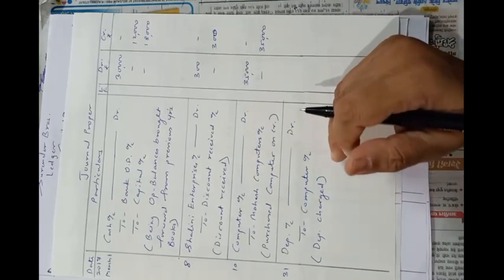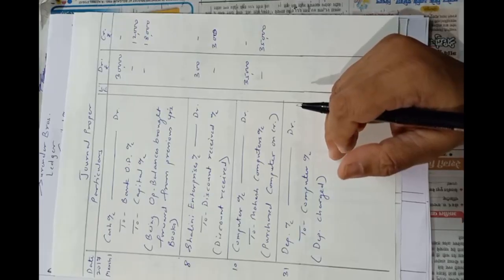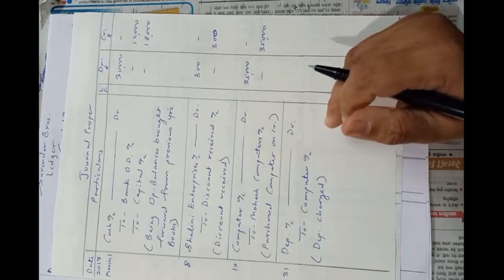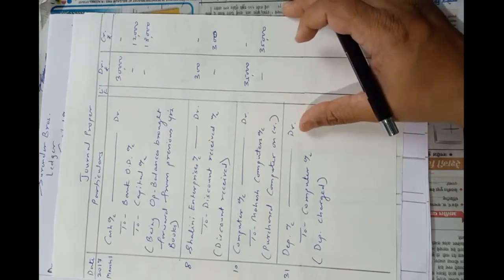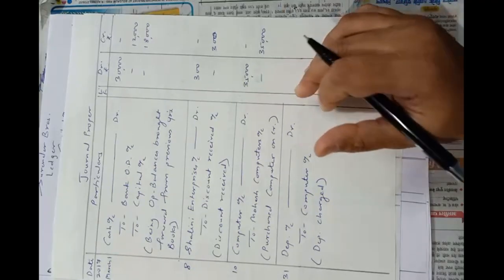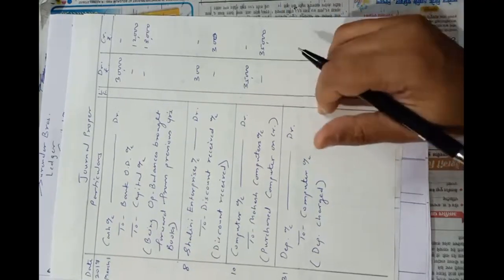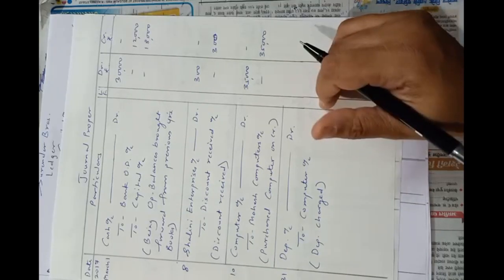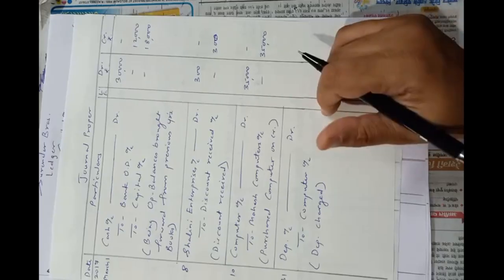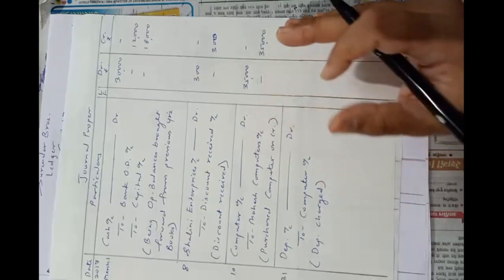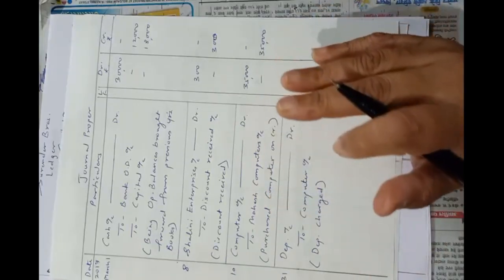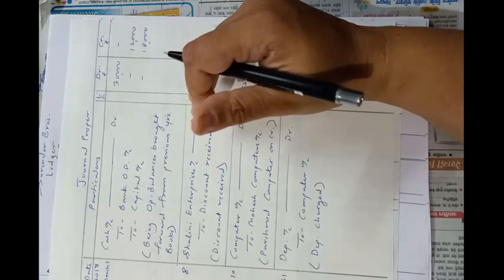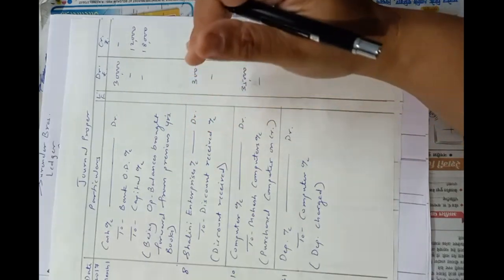And now the amount. See, first we have to check the amount of computer, that is the cost of computer. Cost of computer was rupees 35,000 and depreciation charged at 5% per annum. So 5% of 35,000: 10% will be 3,500 and half of 3,500 will be the depreciation, that is 1750.